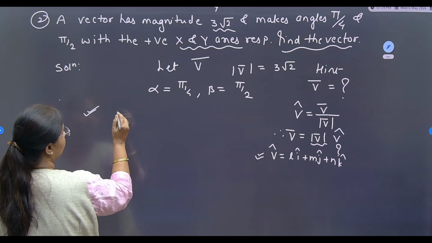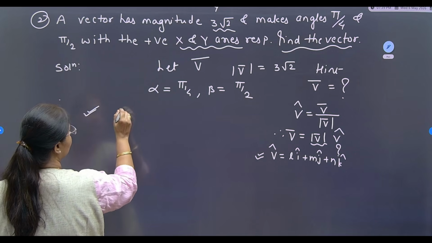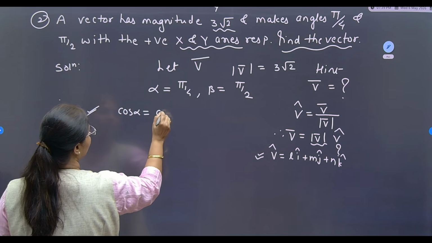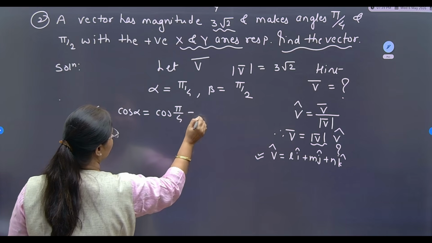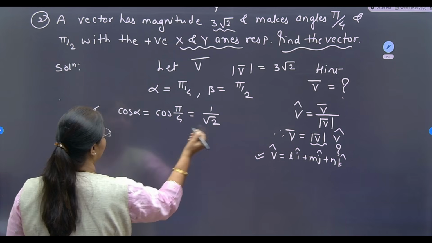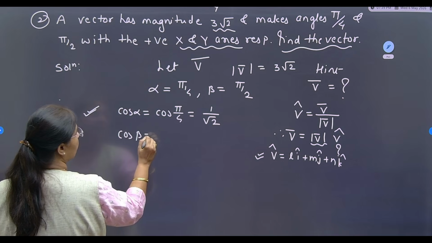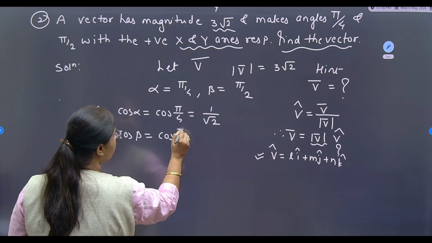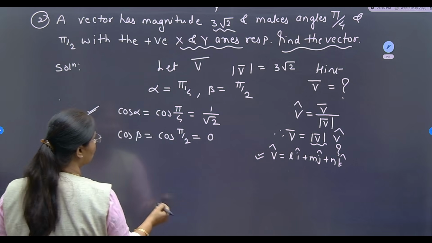We know that alpha is pi by 4, therefore cos alpha is equal to cos pi by 4, and cos pi by 4 is equal to 1 by root 2. Then next, cos beta is cos pi by 2, and cos pi by 2 is equal to 0.